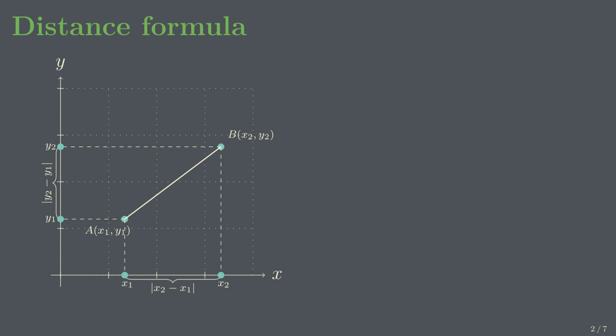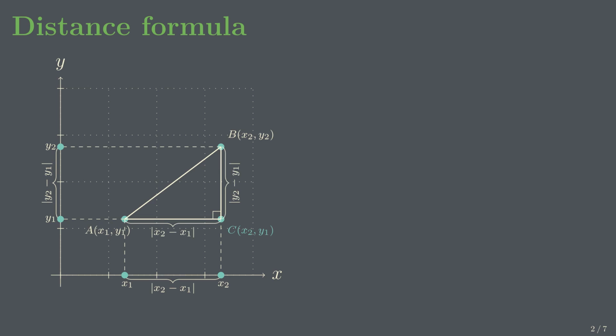In order to compute the distance from A to B, we denote by C the point with coordinates (x2, y1), so that triangle ACB is a right triangle with the right angle at C. The distance from A to C is the absolute value of x2 minus x1, and the distance from B to C is the absolute value of y2 minus y1.